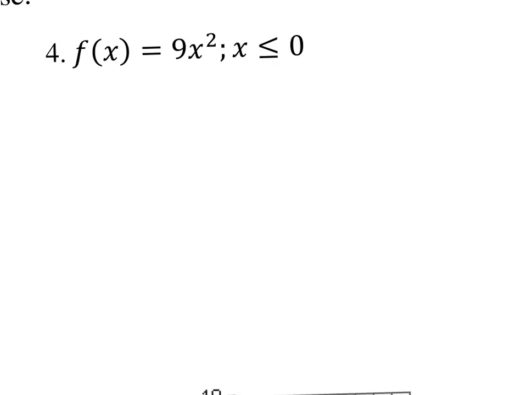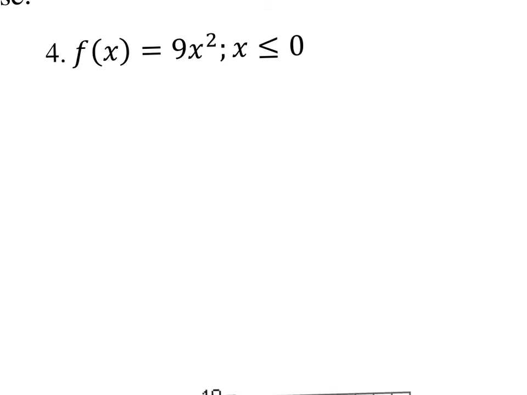In number 4, things are slightly different because now we have this added condition: x must be less than or equal to 0. This means that when we get to the graphing, we're only going to care about the values of x that are less than or equal to 0. You'll see a little bit later on where this takes place. But for now, let's work out the inverse.